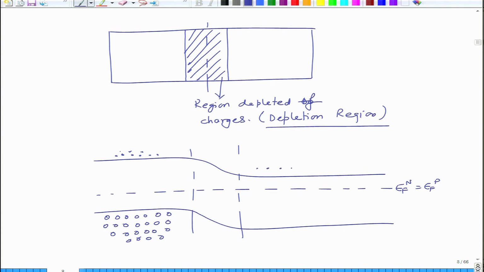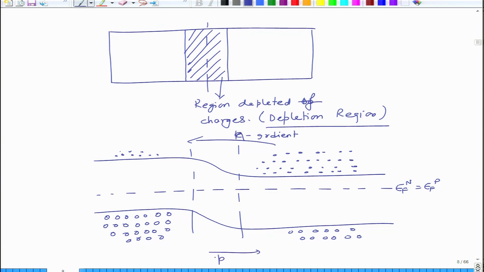On the other hand, you have a lot of electrons on this side, but you have few holes on this side. So obviously you have a concentration gradient, this is the N gradient, this is the P gradient. So you have a driving force for diffusion to occur.